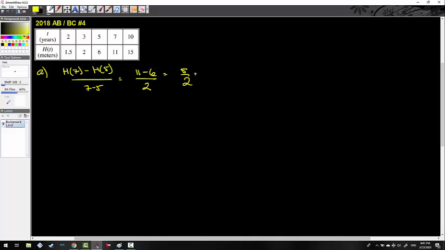That is our estimation. Now we're not done yet. It says we have to now interpret this in the context of the problem. So what does this really mean?